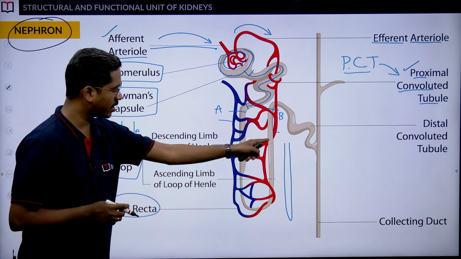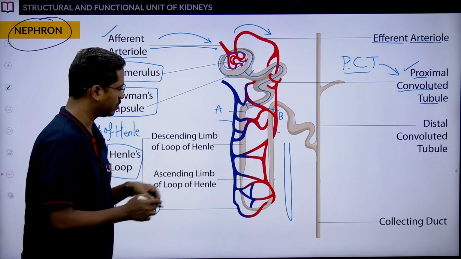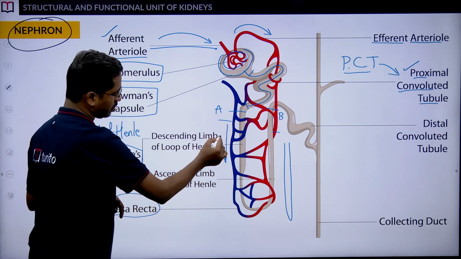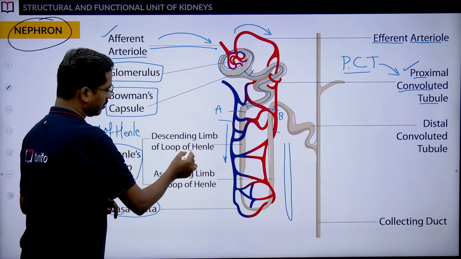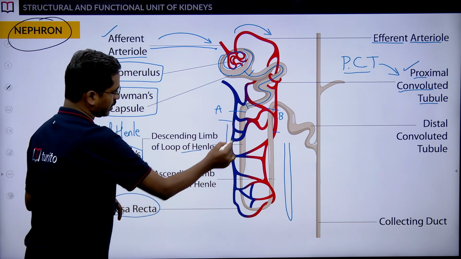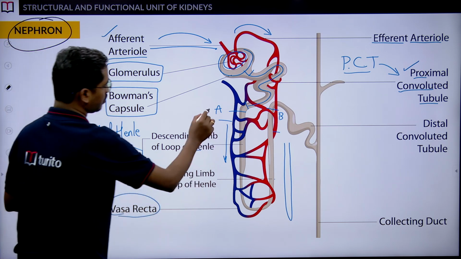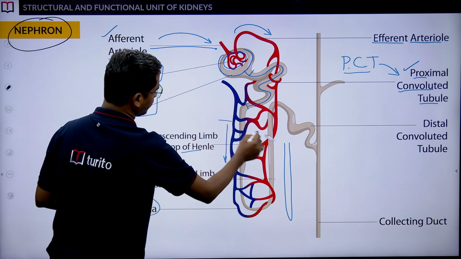Because it has two parts, depending on the movement of the substance, this one is named the descending limb of the loop of Henle.